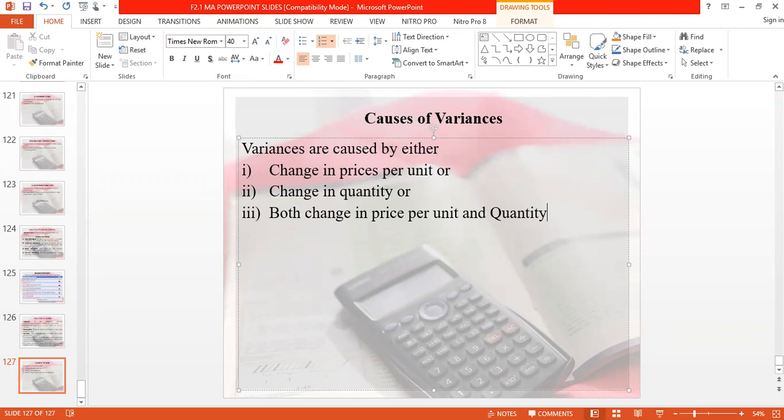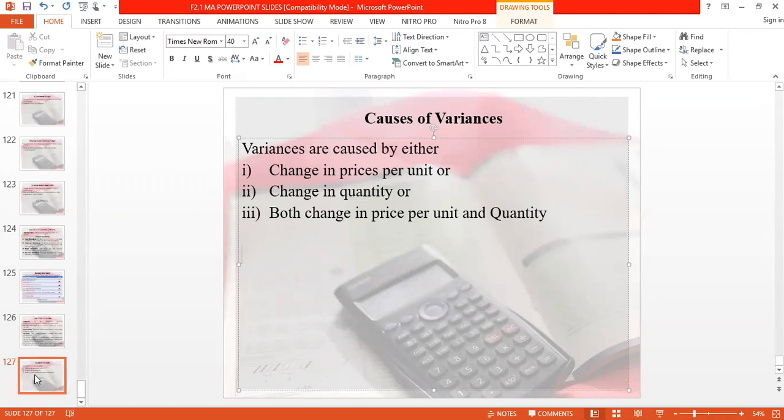So causes of variances can either be change in price, change in quantity, or both. That is the main thing. All variances we are going to cover revolve around that.